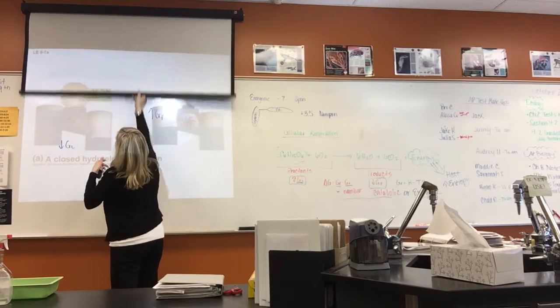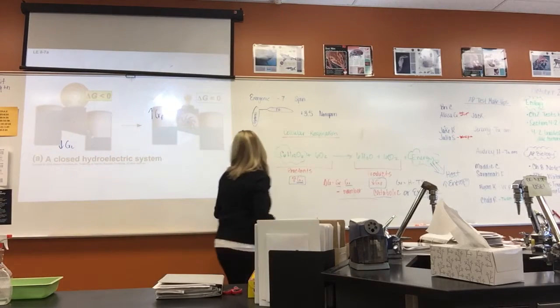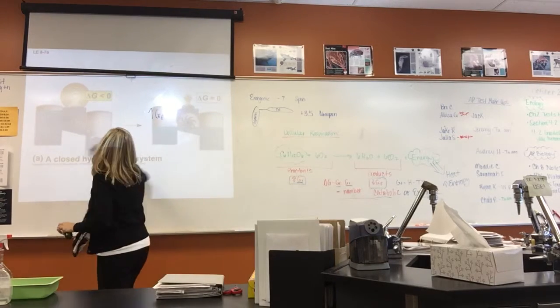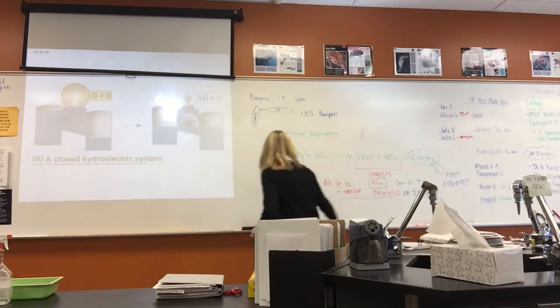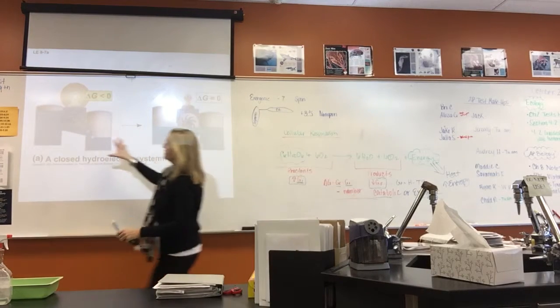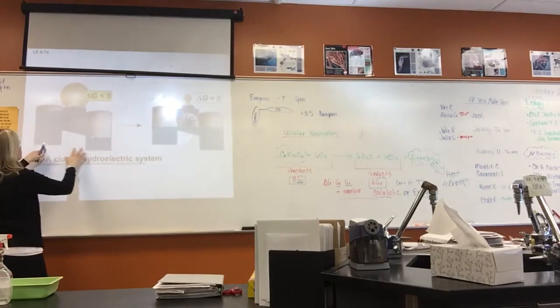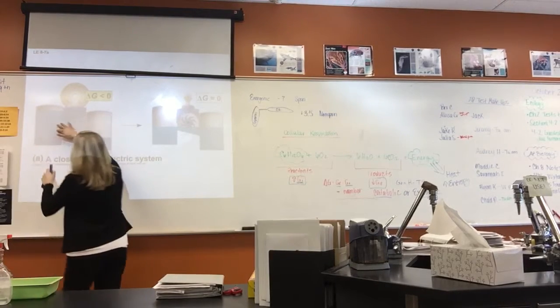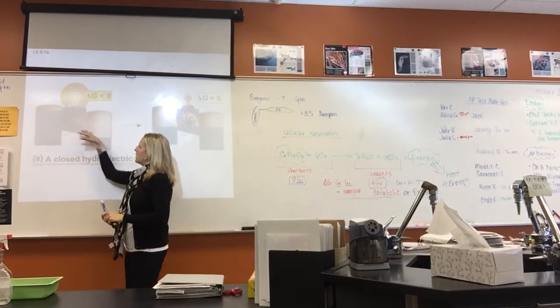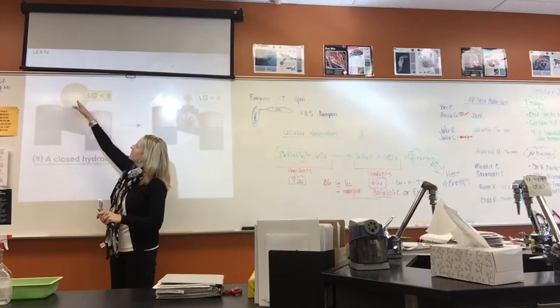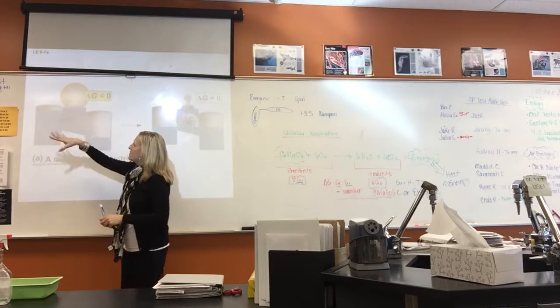So let's just look at this setup here. You have the water flowing downhill, turning, generating electricity, lighting the light bulb.